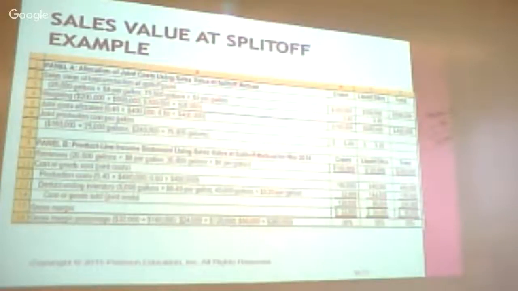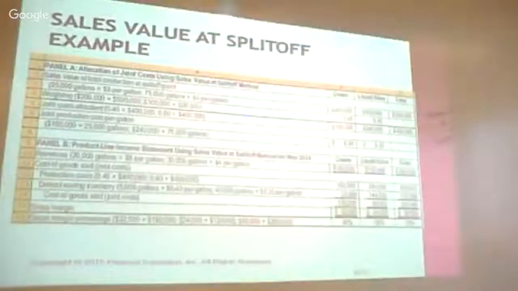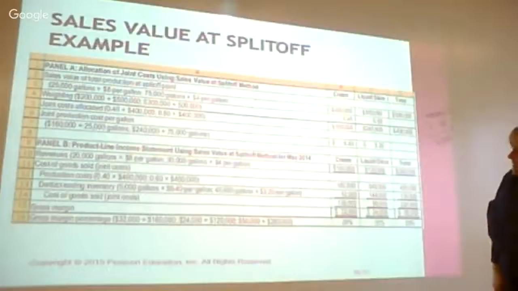Now, the gross margin percentage. How do I do that? I take, how do they do that? 32 plus 160 divided by 160. Oh, it's 32 divided by 160. I can't see that that's a division.